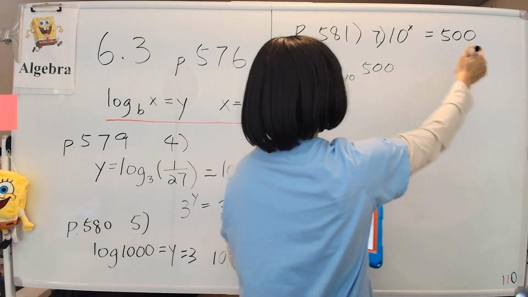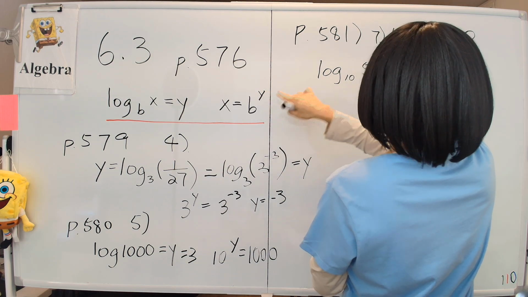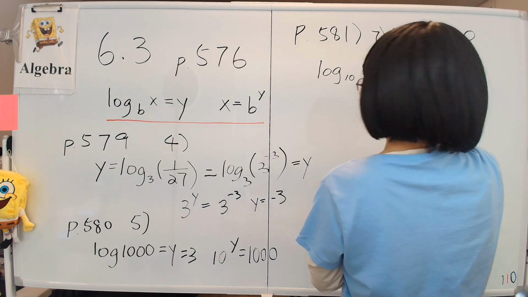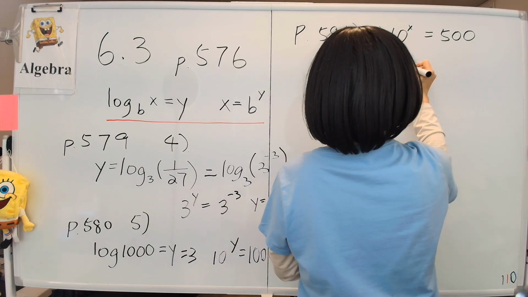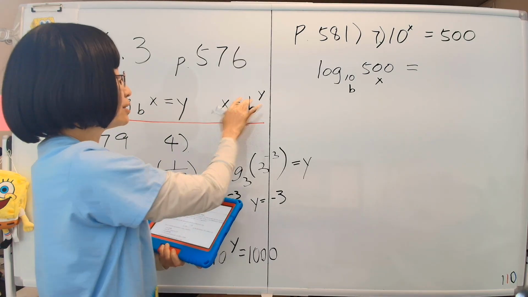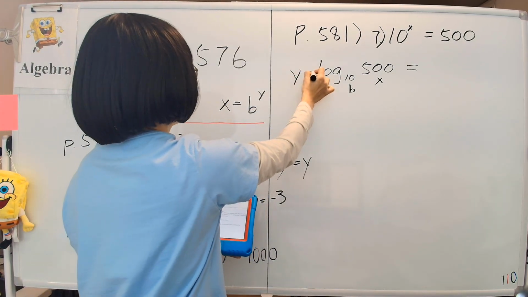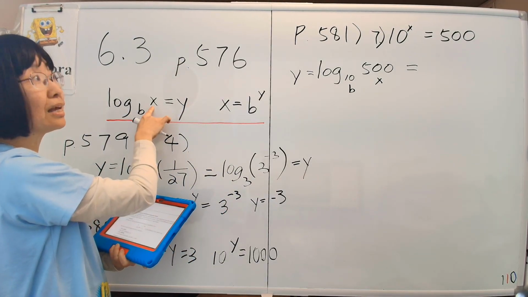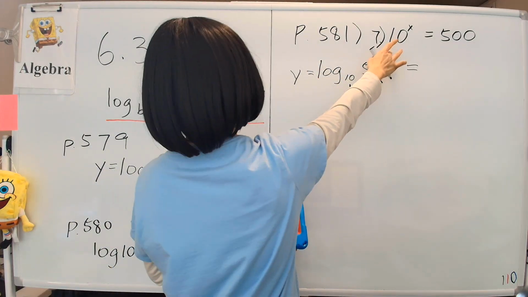And x equals b to the power y. So this is b and this is x, right? I follow the formula, and then this value will give us y, right? Yeah, it says right here, y equals log base b of the value of x.